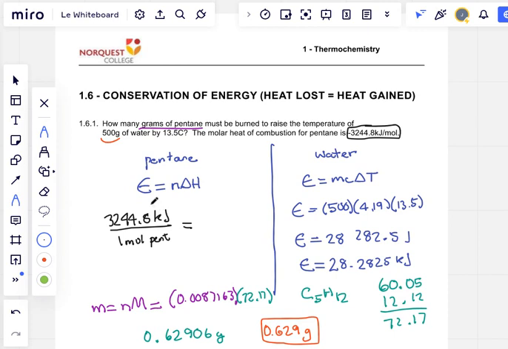And the question is, what if I didn't make 3244.8 kilojoules? What if I only made 28.2825 kilojoules? How many moles of pentane are we talking about now?